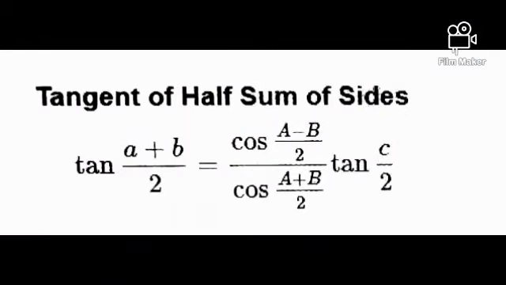This is the first of the four of Napier's analogies, known as tangent of half the sum of two sides. The two sides in this equation are side small a and small b.